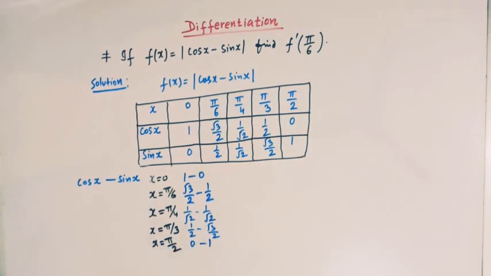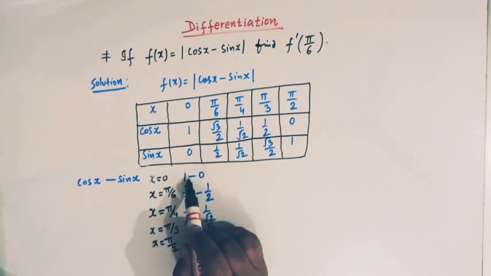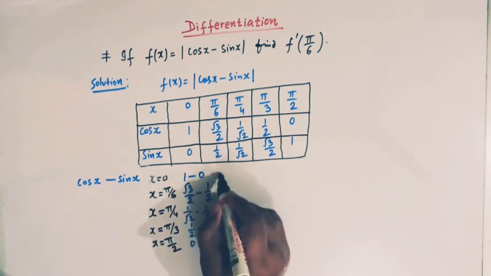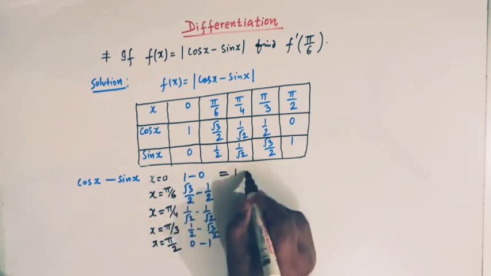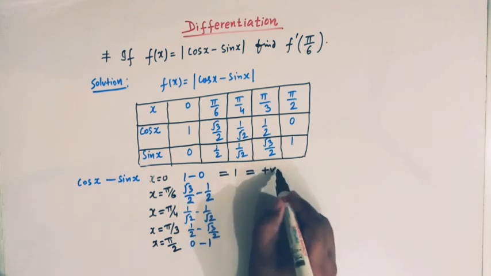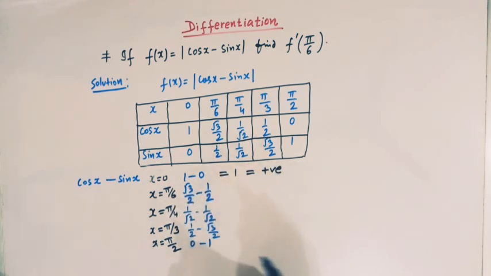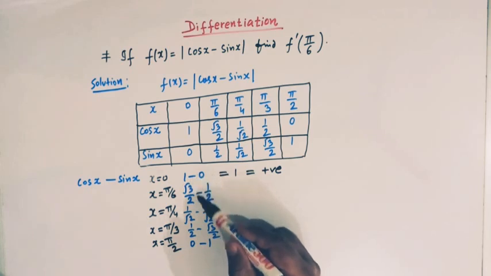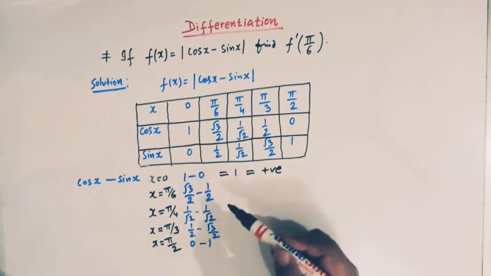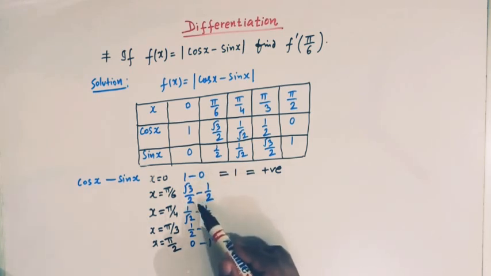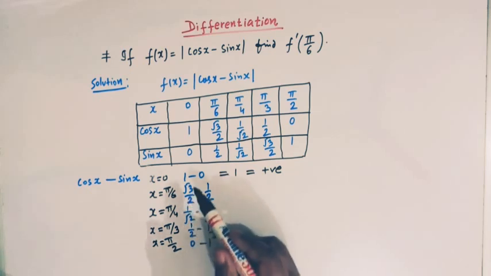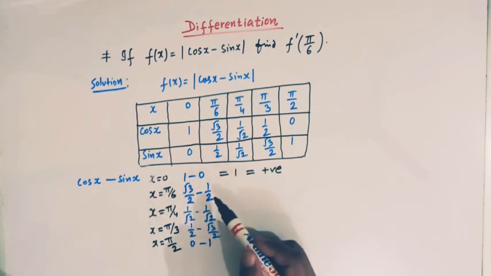Now we see that 1 − 0 is 1, that is positive. In these differences we are not interested in the numerical value, we are interested in the sign only.